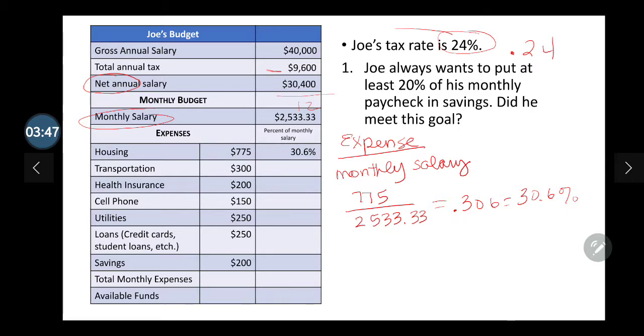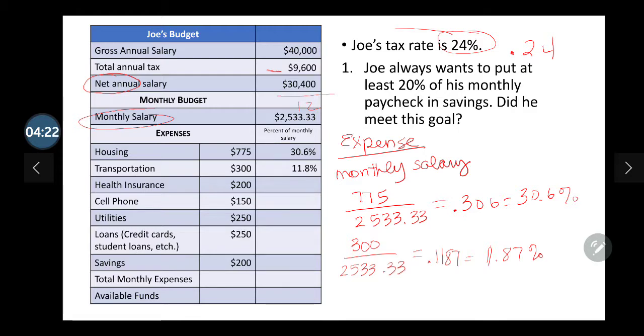So let's do transportation together. $300 a month he spends on transportation, gas, maybe wear and tear on his vehicle. I'm going to divide that by his monthly salary, $2,533.33, and that equals 0.1187, which is 11.87%.